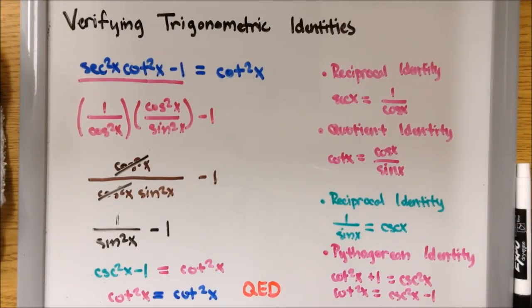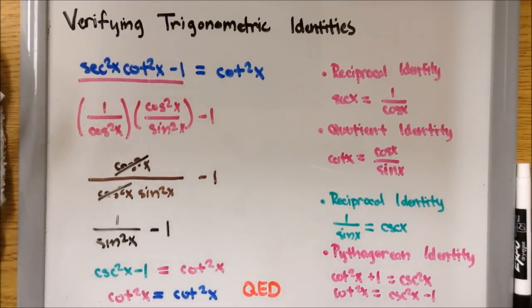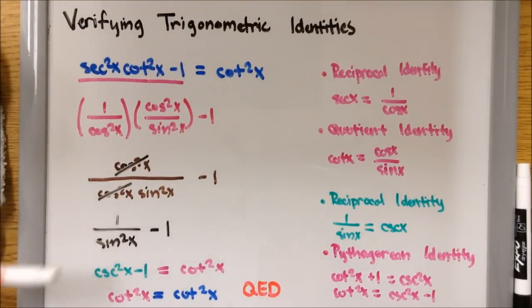One of the 4 topics that we used today was writing secant square x and cotangent square x in terms of sine and cosine. So that's an example of what we did from 5.1. And again, we're going to continue using those 4, or a combination of those 4 topics that were covered in 5.1 and 5.2.